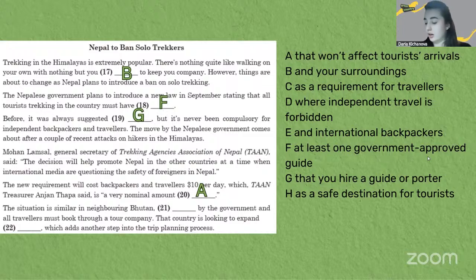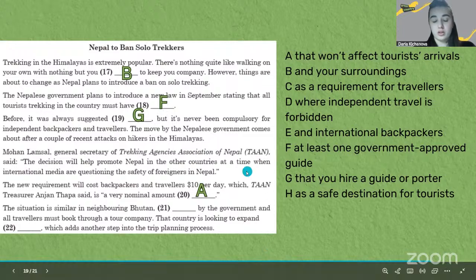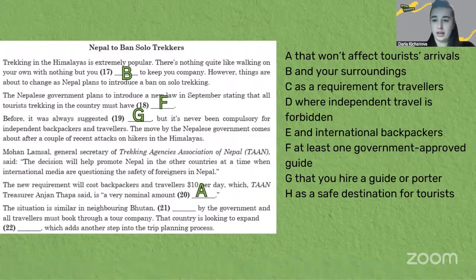I can see that you chose C, as a requirement for travelers. Here, it's clear that if we need to pay, it will be a requirement, so it's not logical to say here "as a requirement" one more time.